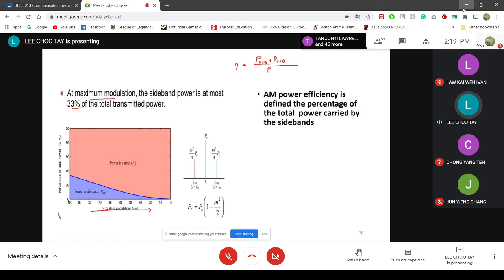So if you design your filter for a low cutoff frequency, let's say my cutoff frequency is 50 kilohertz, then at my cutoff frequency I have minus 3 dB attenuation.